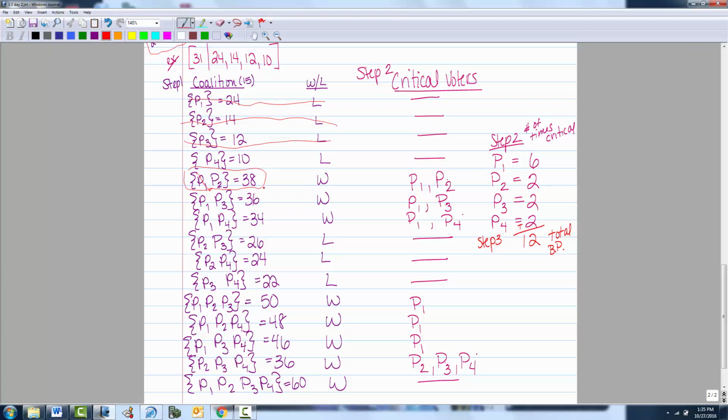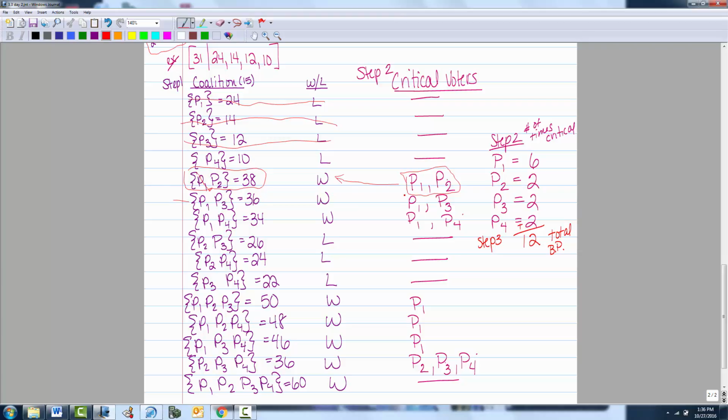That's why P1 and P2, for that matter, both have Banzhaf power in this specific coalition. That was a winner with them, a loser without them. So they both get a point. I shouldn't have to explain every single one of them because it gets redundant. This is a winner. The next one, if you remove either one of them, it becomes a loser.